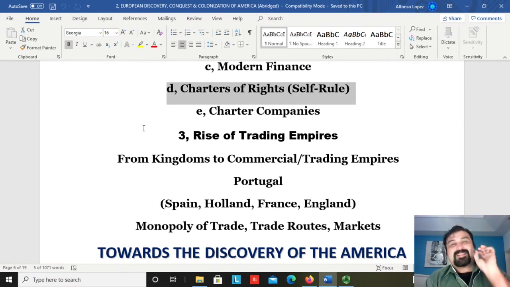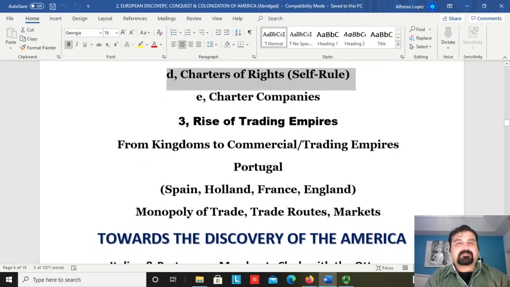Those are not going to be dictated by the prince or the monarch in that town, but rather the monarch is just giving the merchants the right to govern the town, as long as the town remains loyal and connected, of course, to the king. So this is the beginning of stages of what we call a Bill of Rights, okay, a charter of rights, if you will. The merchants are the ones pioneering this kind of change, precisely because of the significant role they played again in the kingdom or in the realm.